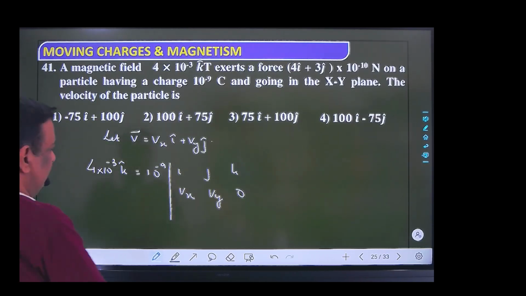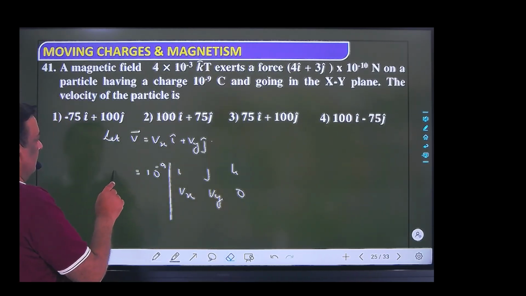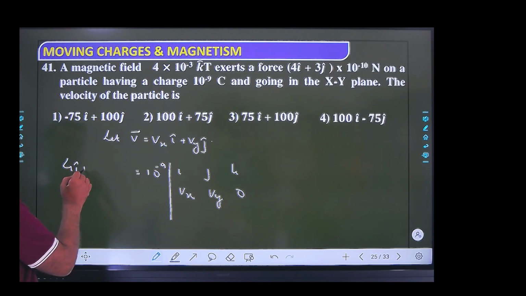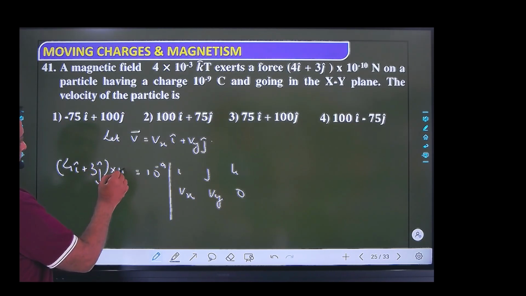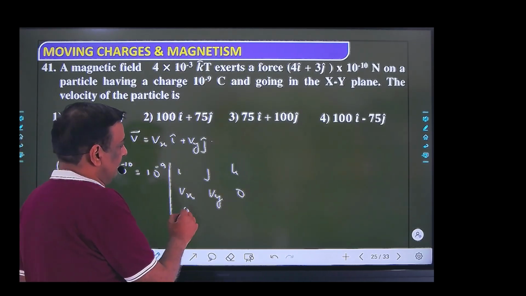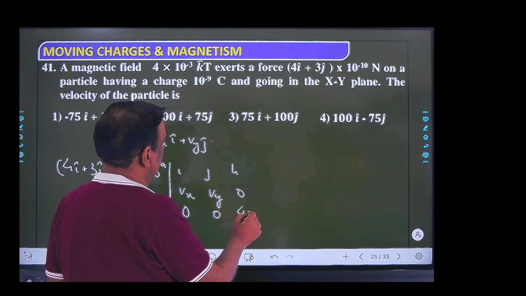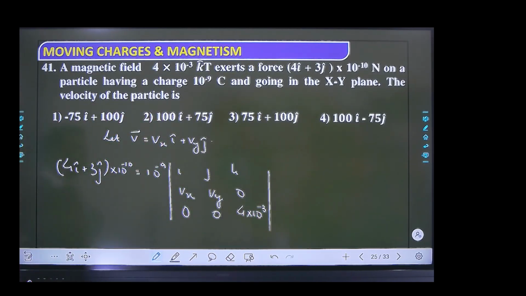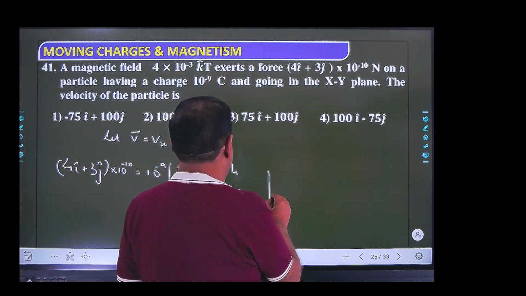Force is given as 4i plus 3j. Magnetic field is in the z direction. So solve for it.